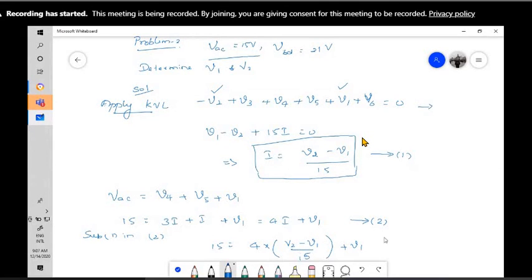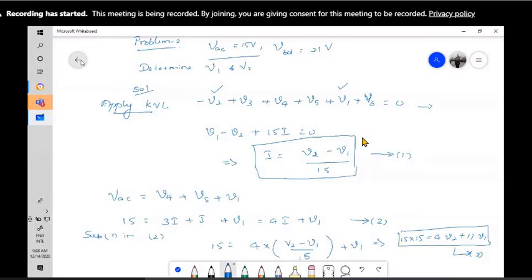Now if you rearrange this equation, I don't want to spend my time on that because this is based on your mathematics skills which you have already acquired, I assume. So 15 into 15, if you take this 15 to the left hand side, it will be 4 times V2 plus 11 into V1. Now I have obtained an equation in which V2 and V1 are unknown to us. Let's say this will be my third equation.